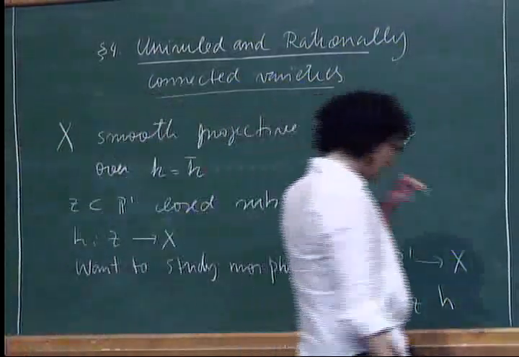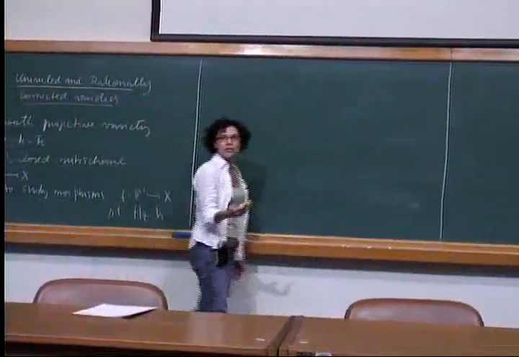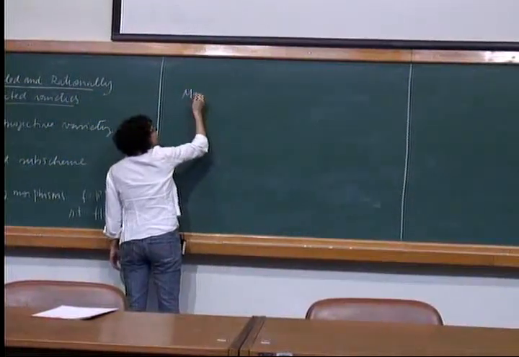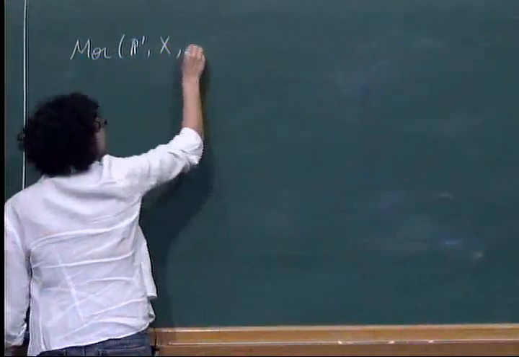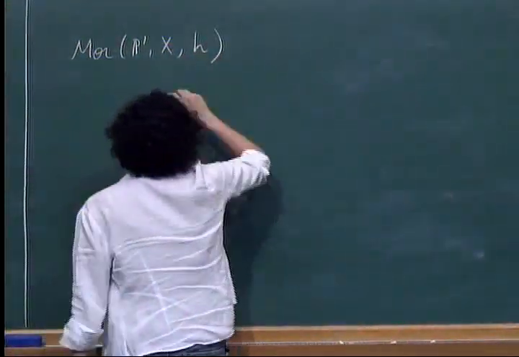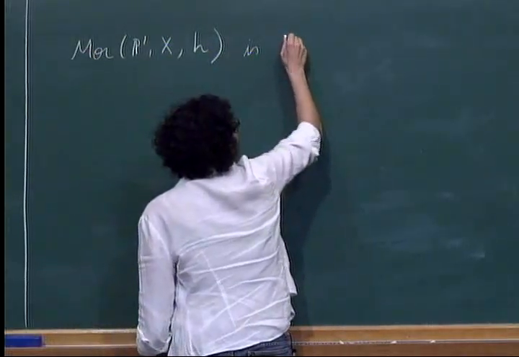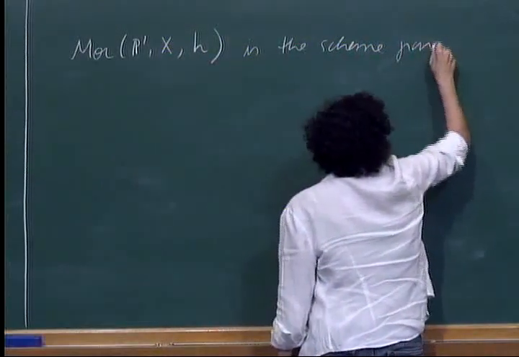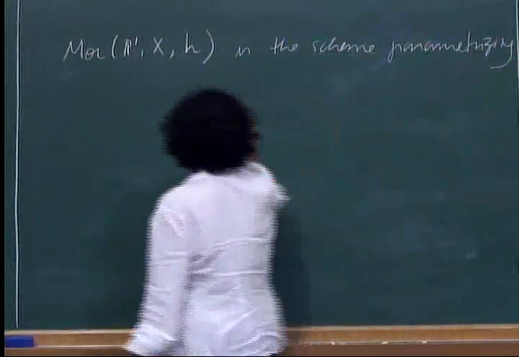So as we saw last time, there is a scheme that parameterizes such morphisms. The scheme of morphisms from P1 to X extending H is a scheme parameterizing such morphisms.